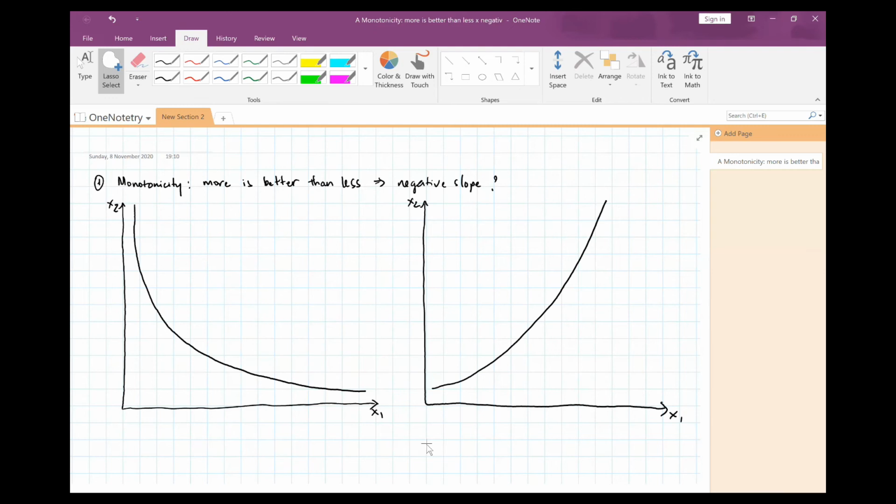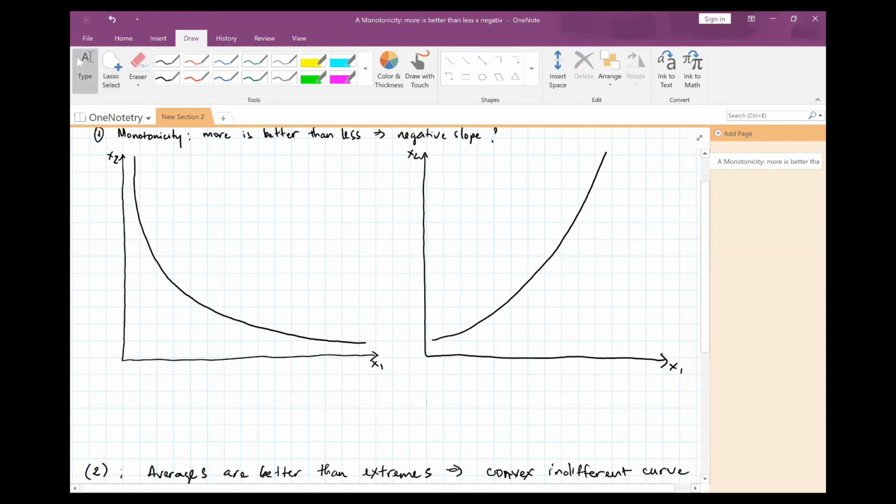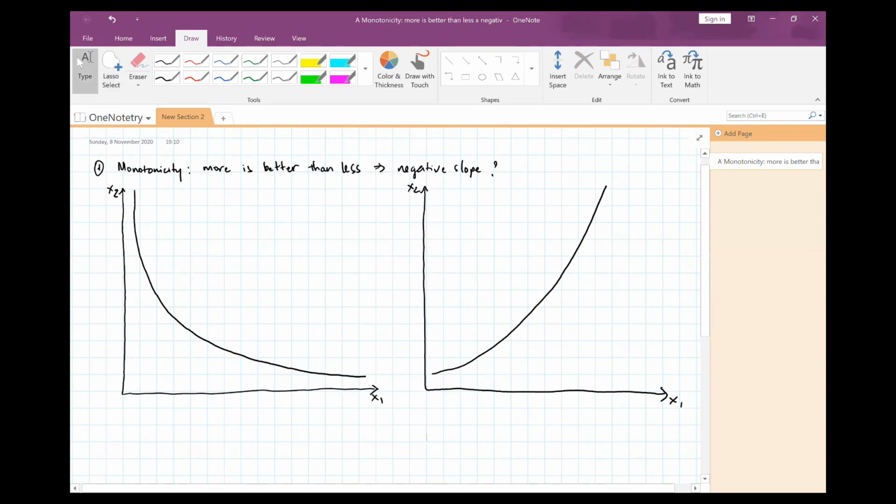So to see more clearly the implication of the two axioms on the indifference curve, let's do a bit of drawing. The first thing is why monotonicity implies a negative slope. I have put some graphs here in advance.